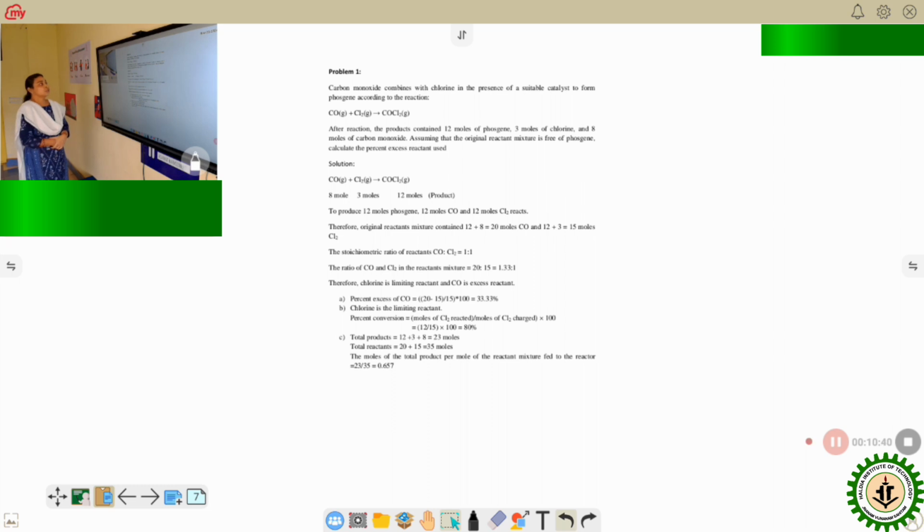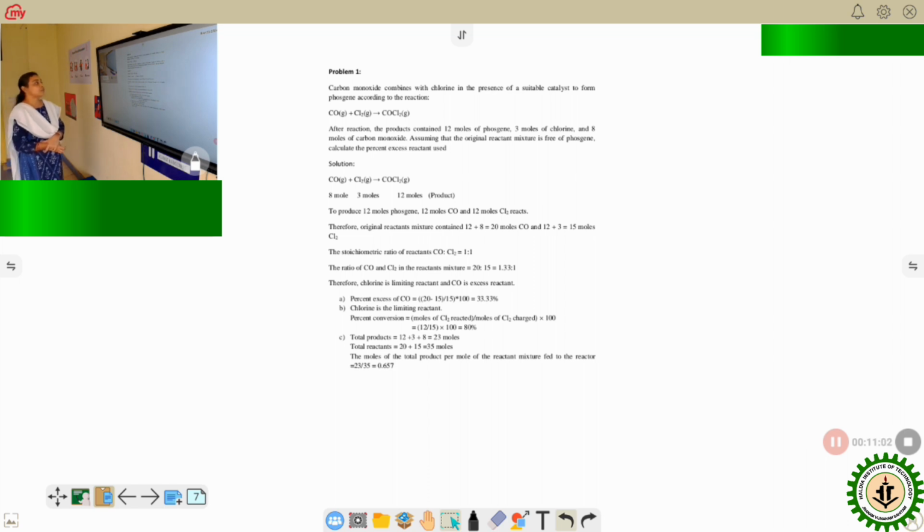Now we can solve one problem to clarify how to calculate the excess reactant and limiting reactant. The problem is the formation of phosgene. Carbon monoxide combines with chlorine in the presence of a suitable catalyst to form phosgene.